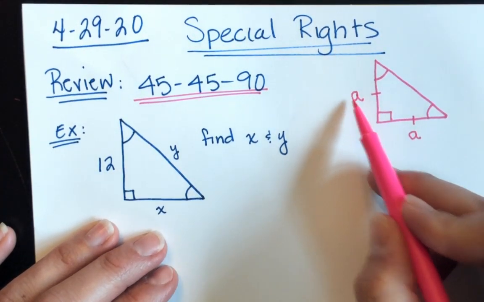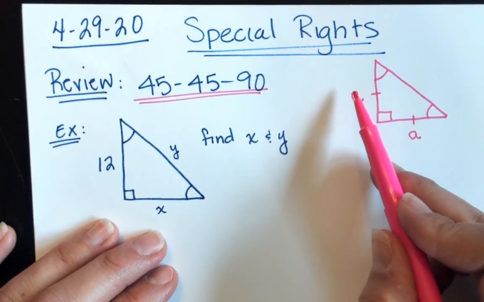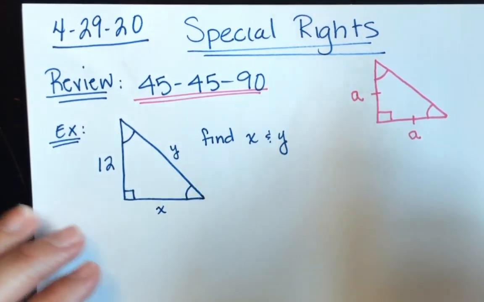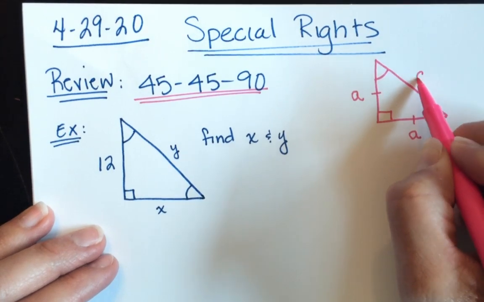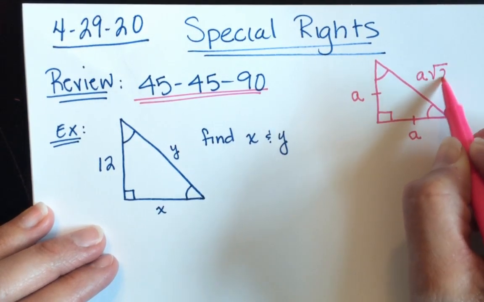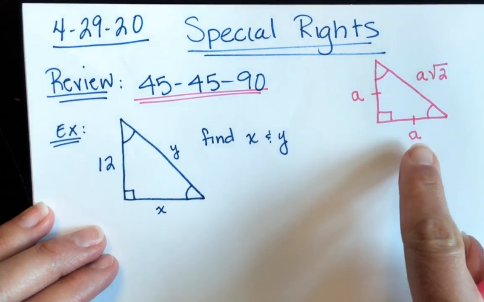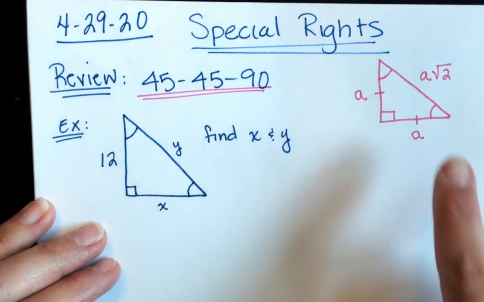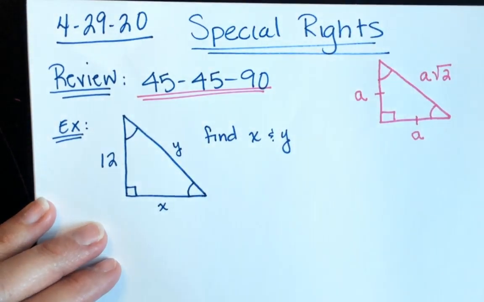I could have done D and D, or Q and Q, M and M, doesn't matter. Opposite the 90-degree angle will be that variable times radical 2. So we have this 1 to 1 to radical 2 situation. So it's this formula that I want to use.